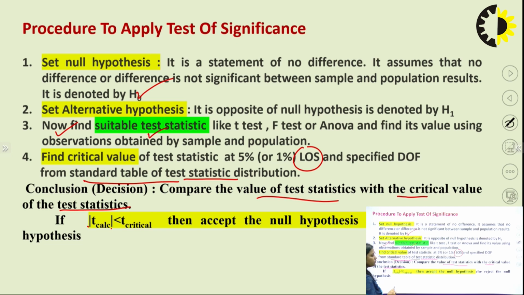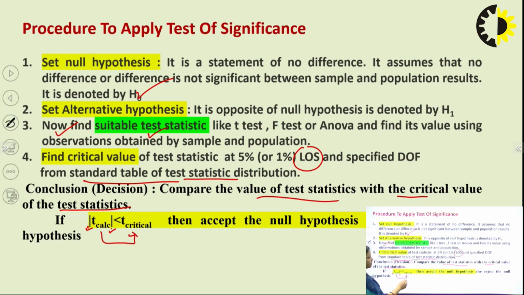There is no significance of plus or minus sign. What will we take? Only magnitude. So we have taken modulus here. This one is modulus. So we will take modulus, means magnitude of the calculated value. We call it the calculated value, the value we obtained in the third step using the observations of samples and population. And we will compare it with the critical value.